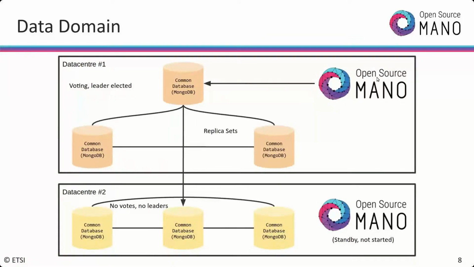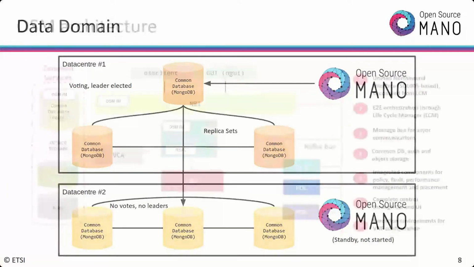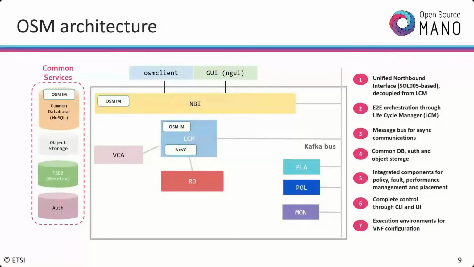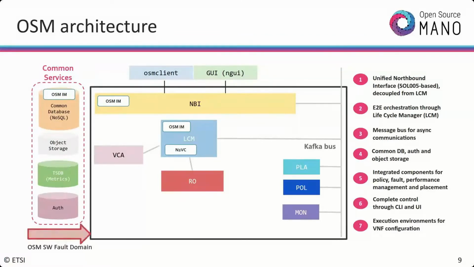So now that we have a fault-tolerant database and fault-tolerant Kubernetes infrastructure, let's start looking at the OSM software itself. Any software that's running on this OSM server or in this Kubernetes cluster, all the pieces of software, are part of a fault domain as well. Here we go. Sorry, a little click down here.